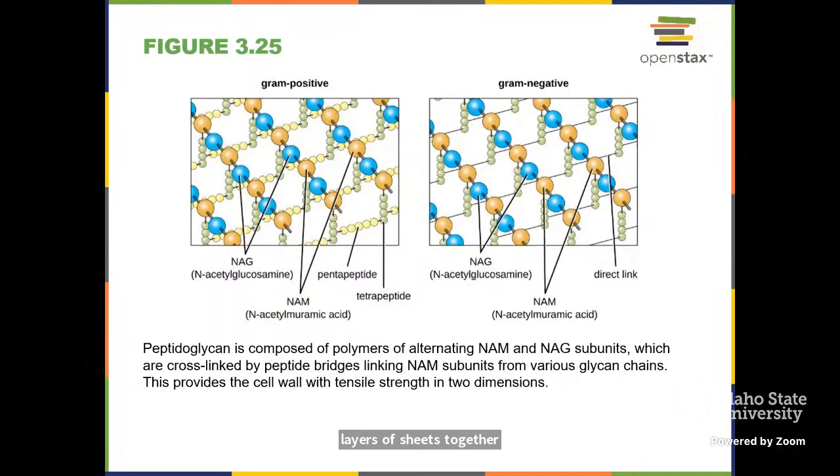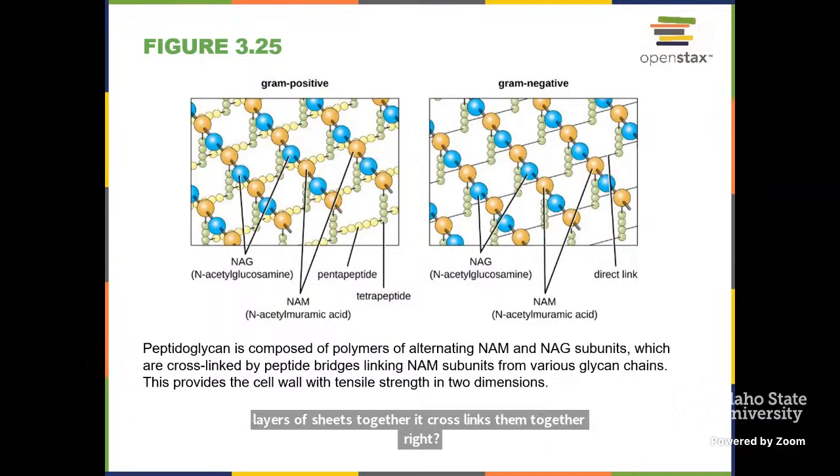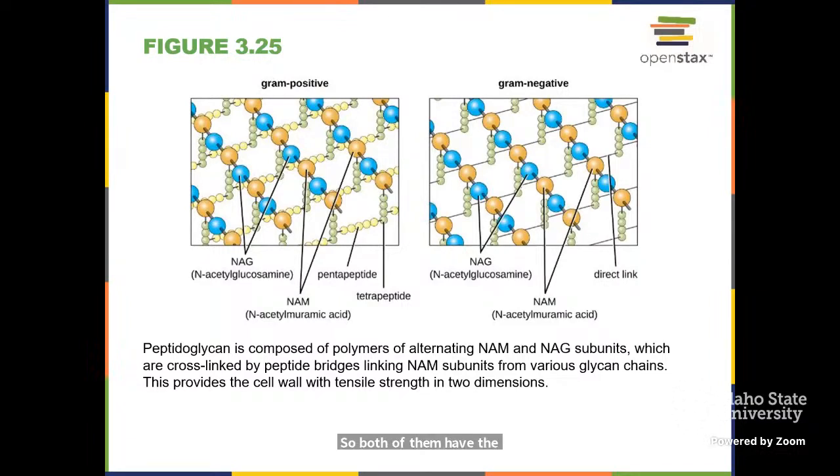Both of them have the NAG and the NAM, N-acetylglucosamine and N-acetylmuramic acid. They are linked together to give us this cell wall material that makes it very rigid, gives it its 3-dimensional shape and protection, right?